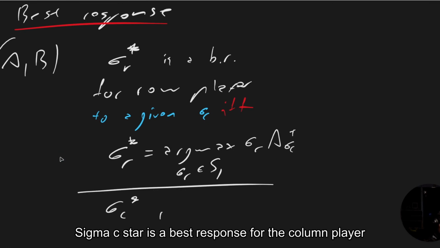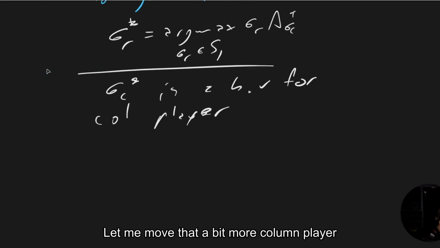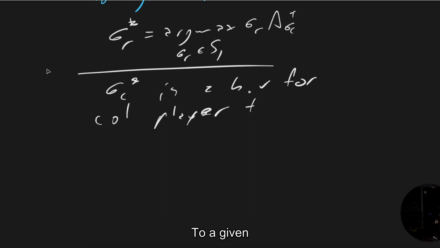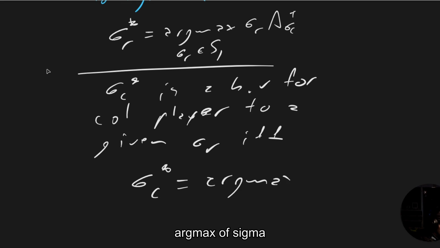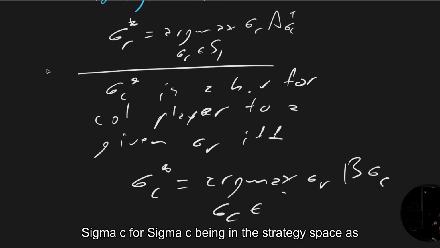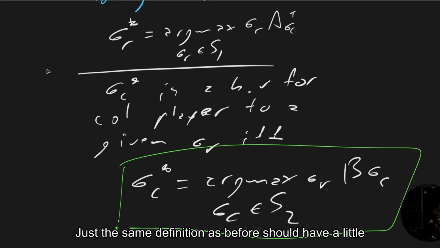We have a hopefully natural definition for the column player, which is the somewhat equivalent definition: sigma C star is a best response for the column player to a given sigma R if and only if sigma C star is equal to the arg max of sigma R B sigma C transpose, for sigma C being in the strategy space S2, which is just the same definition as before.